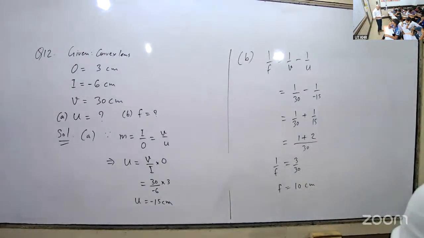F is plus 10. U is a mistake. Okay. So we have 2-3 more questions. Let's quickly do it.